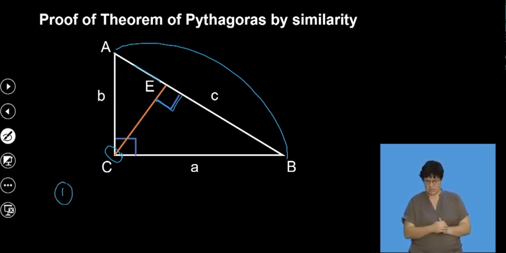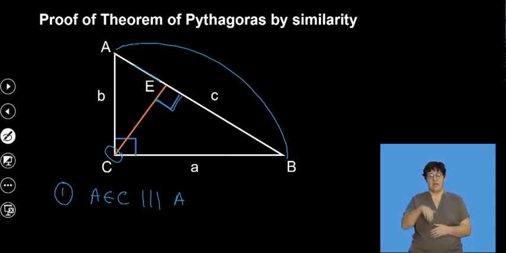The first condition is to prove that triangle AEC is similar to triangle ACB, because E is 90 degrees, it must go with C, B like that, right? So I must prove these two, number one.